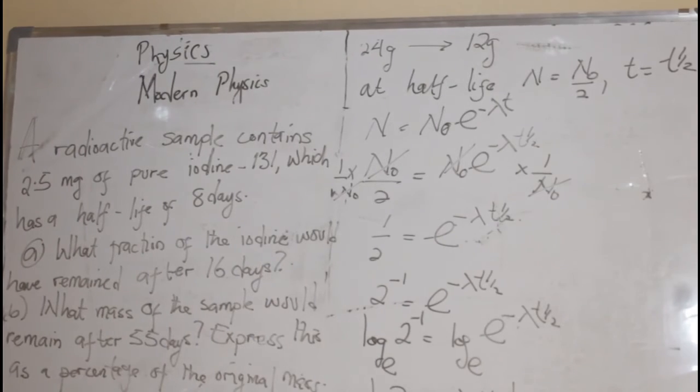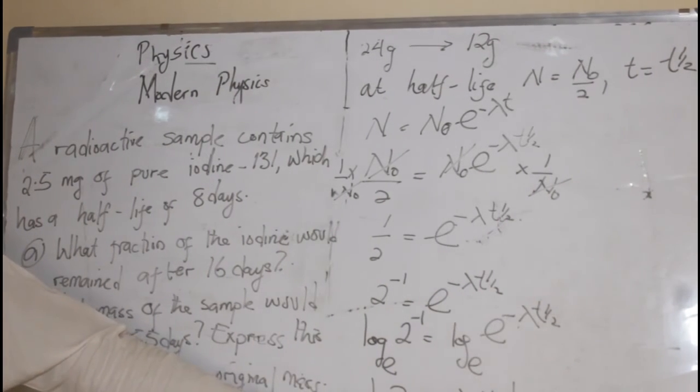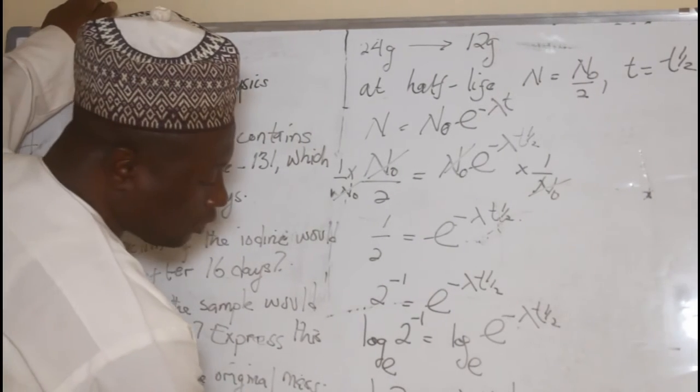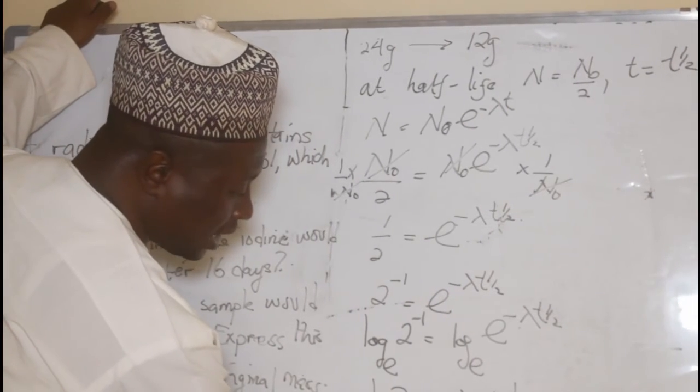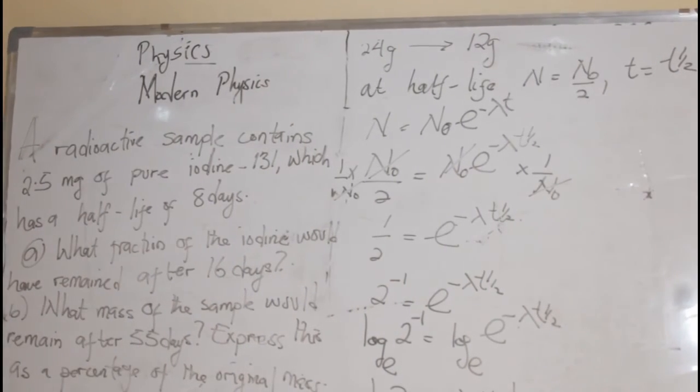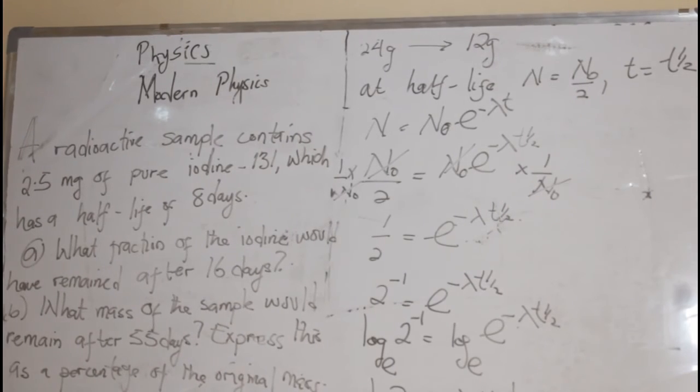Is that understood? This is what gives us the relationship between the decay constant and the half-life, because ln 2 is a constant. Use your calculator, punch ln 2, log 2 base e. You're going to have 0.693 all over lambda.